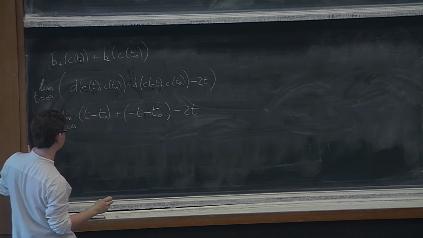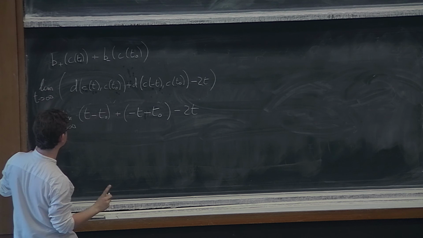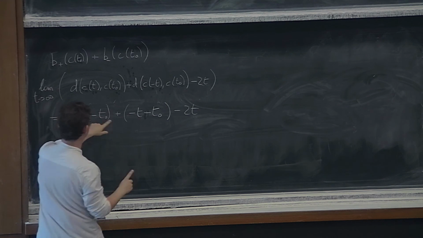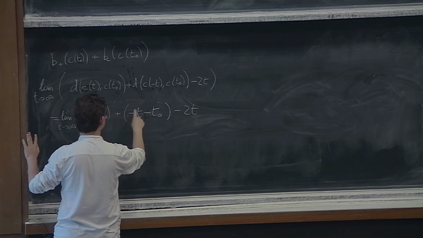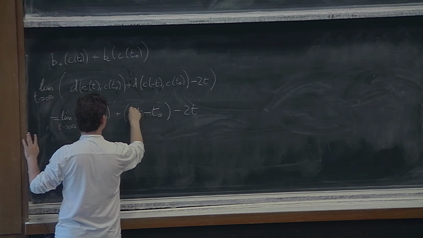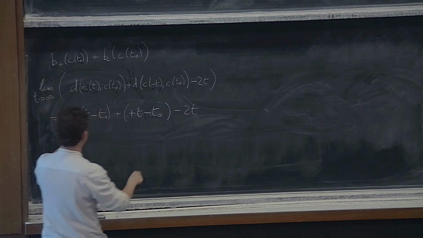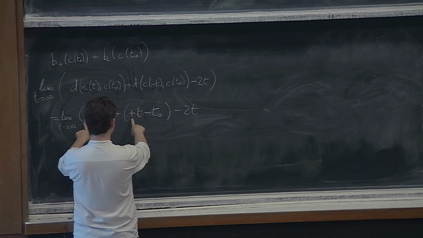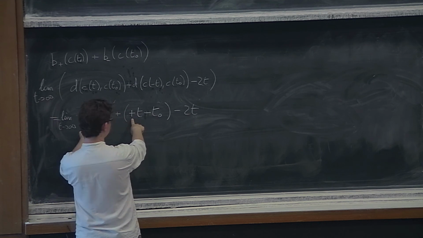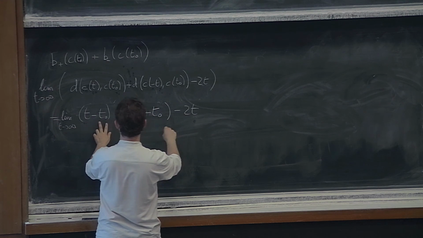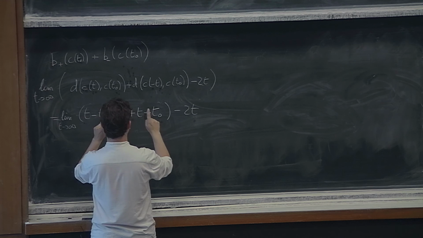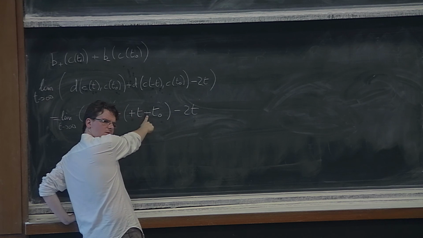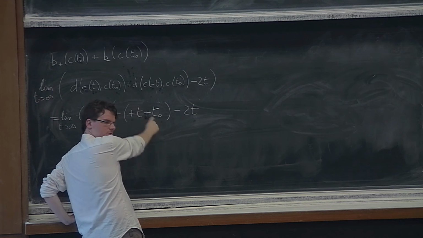So 2t minus 2t, they cancel out, and the t naught terms cancel as well.